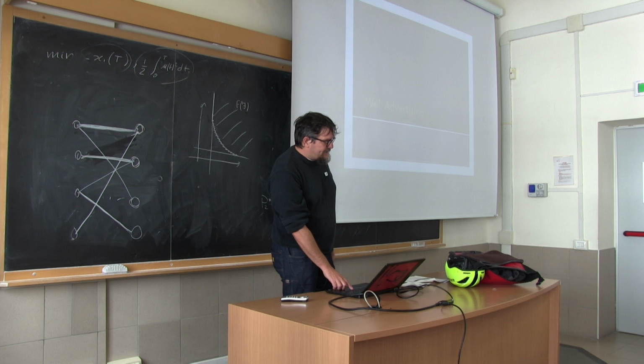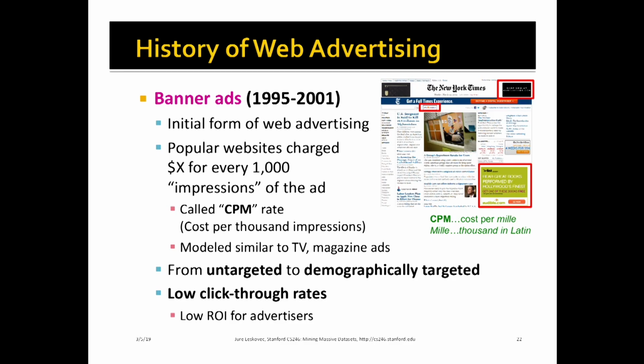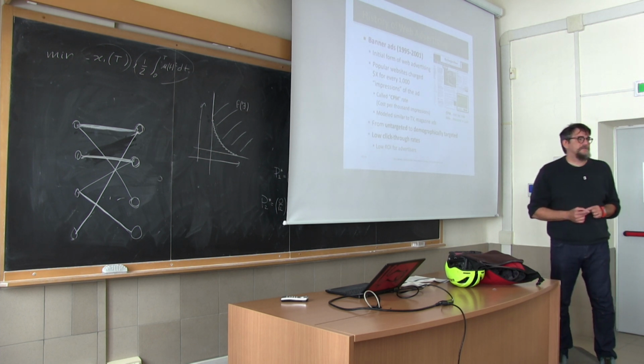So let's see a bit more what the connection is between this bipartite graph and web advertisement. Let's start with a very short introduction on the history of web advertisement. At the beginning, basically, we have static advertisement.